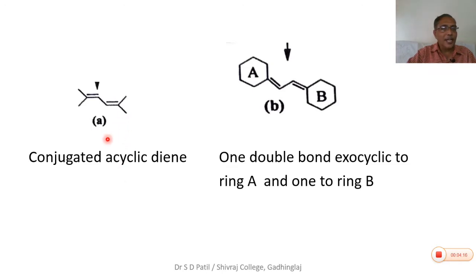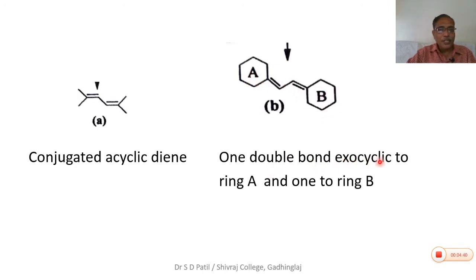This structure A is a conjugated acyclic diene because the structure is acyclic and there is conjugation between two double bonds. This structure B is again acyclic diene, but to the diene structure there are two rings attached, A and B ring.